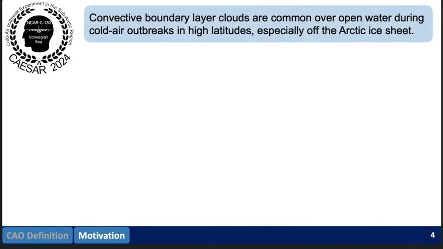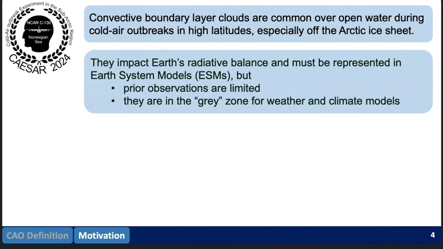So why do we care about CAOs, and why do we use CAESAR's data to study them? Convective boundary layer clouds are very common over the open water during CAOs in high latitudes, especially off the Arctic sea ice. They can impact the Earth's radiative balance, so they must be represented in models. But previous observations are very limited.